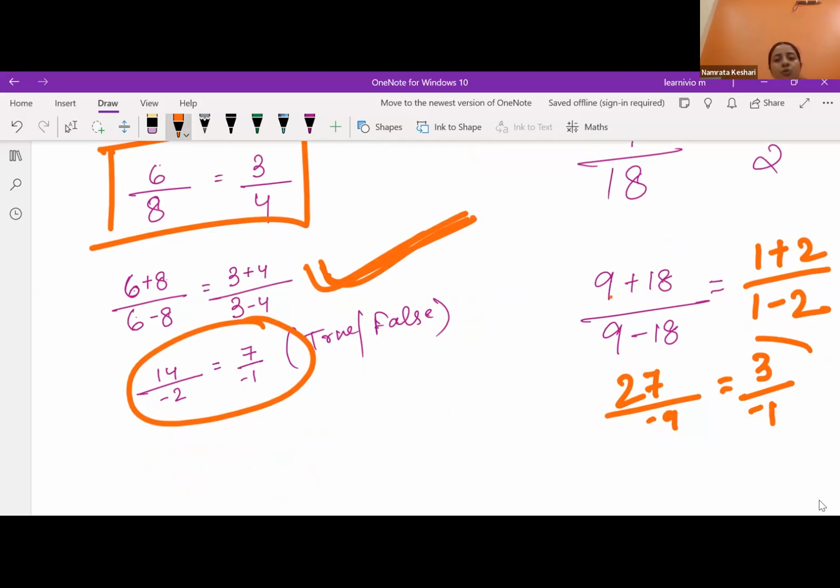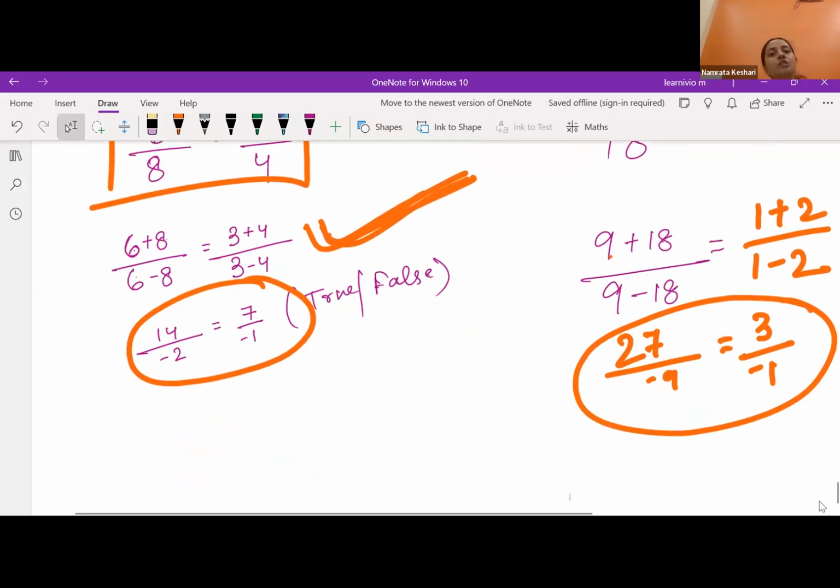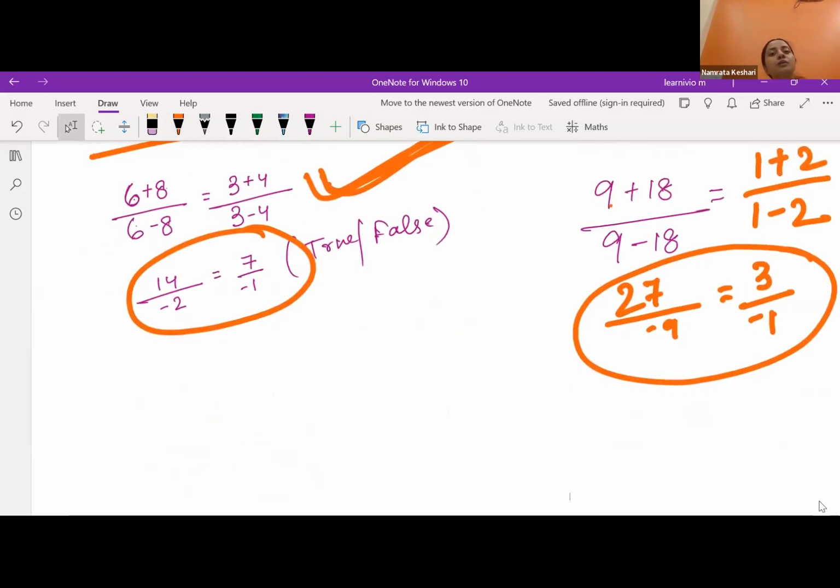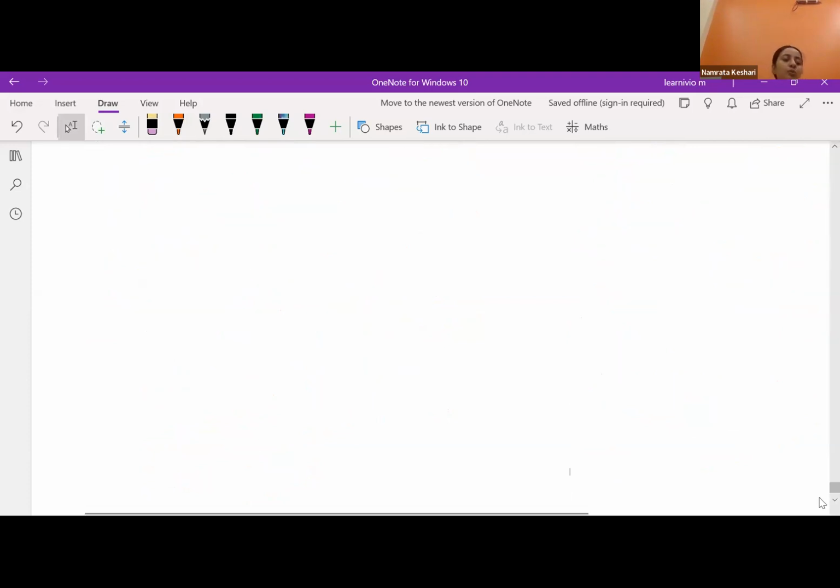Is it still true? Yes, ma'am. So now maybe we are convinced that when we are performing this type of simplification, our fraction is not changing. The only condition is we have to do it on both sides.